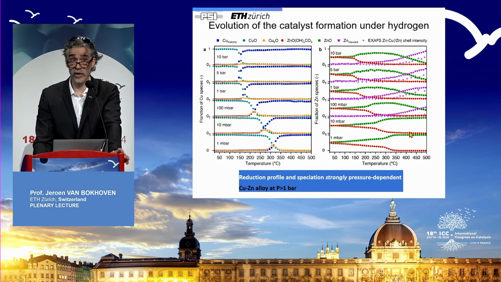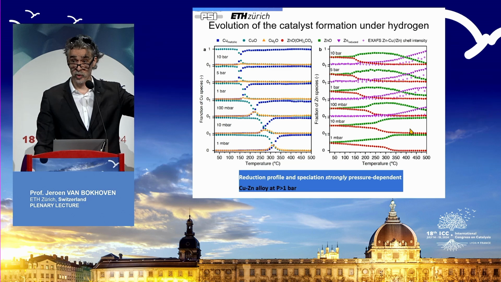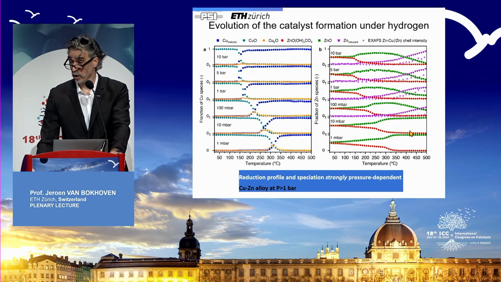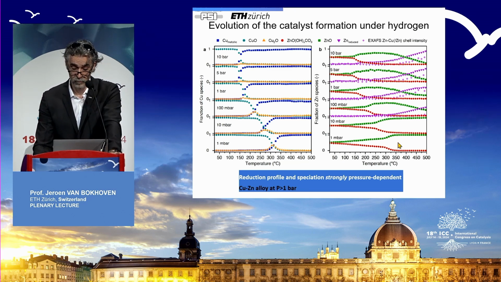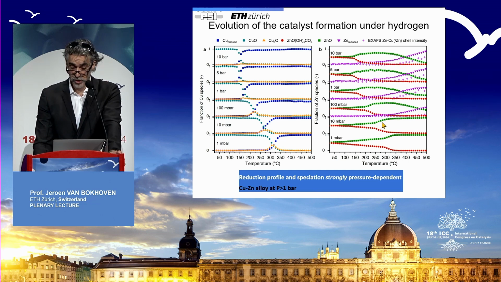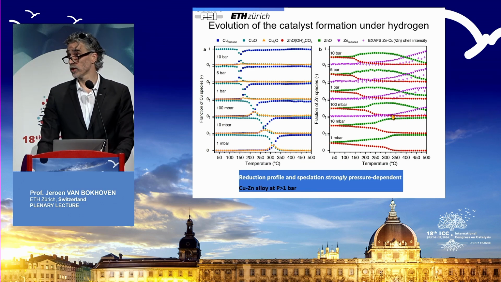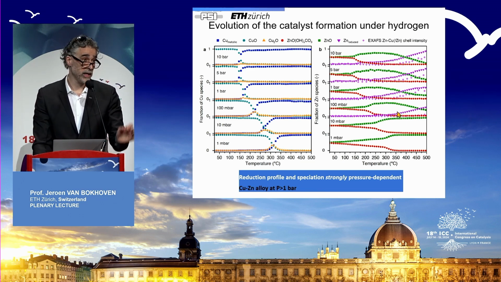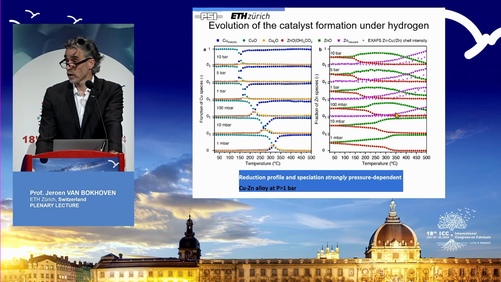So at the lowest pressure, we have a system where we make copper particles connected to a zinc oxide phase. If you increase the pressure, this happens at lower temperatures, and then at a certain pressure range, we see at a specific temperature changes in the zinc spectra, and they are indicative of the forming of a reduced zinc oxide phase.